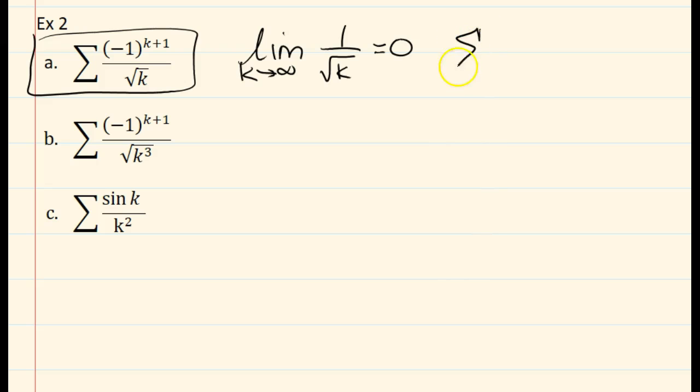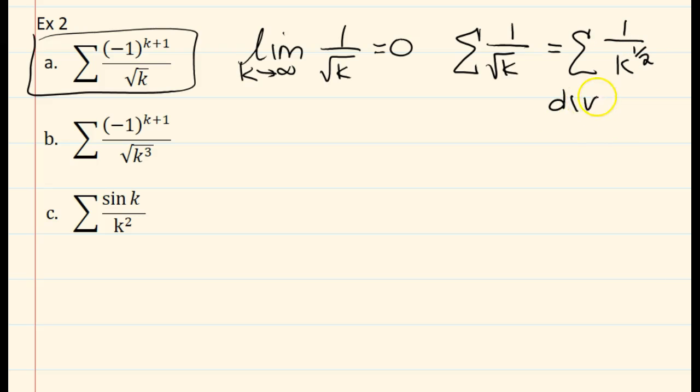The next thing we're going to do is find the infinite series of 1 over the square root of k, and notice that's the same thing as the infinite series of 1 over k to the 1/2, and we know this diverges because of the p-series test. Because this diverges, we cannot say it converges absolutely.